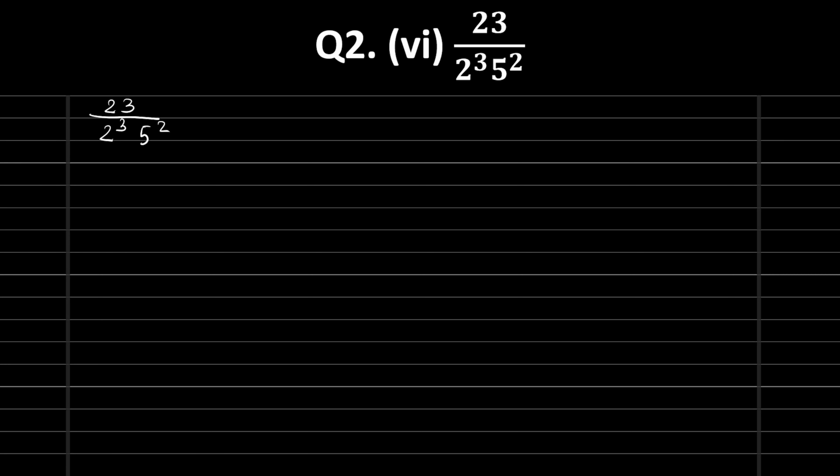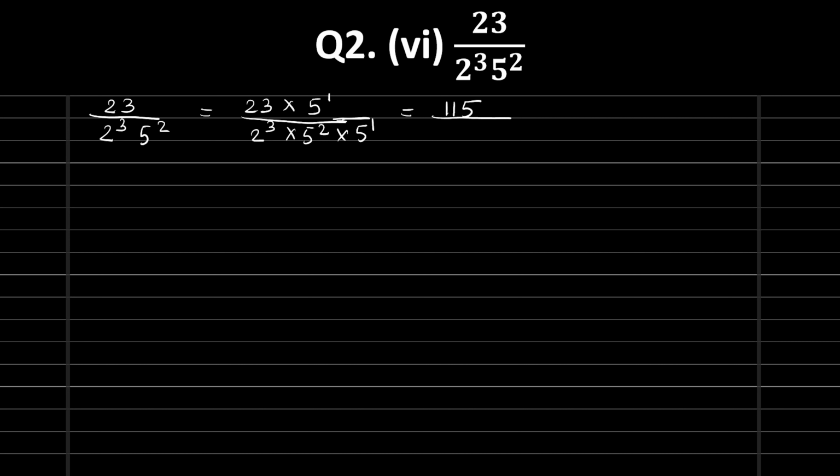So we will try to make them equal by multiplying 23 with 5 raised to 1 and the denominator also with 5 raised to 1. Because if we are multiplying something, we cannot do it only to the denominator. You have to do it to the numerator as well, right? So now 23 into 5, that is 115.